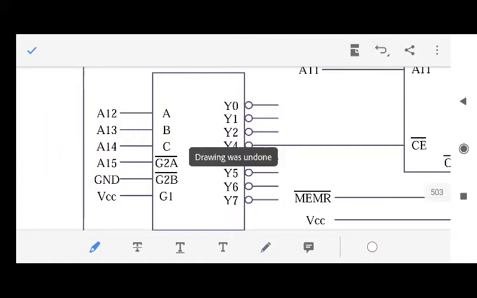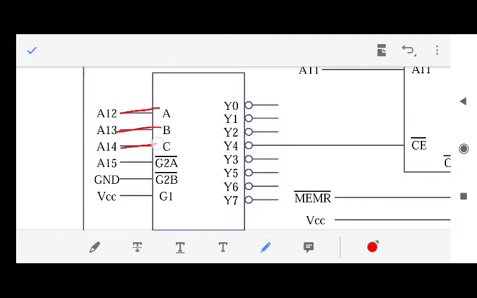So 3 of the address lines are connected to the input of the decoder. 1 address line is remaining, that can be connected to the enable signal G2A of this decoder. And we need that this decoder should remain active.